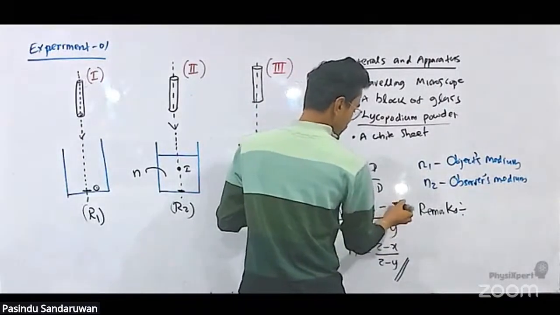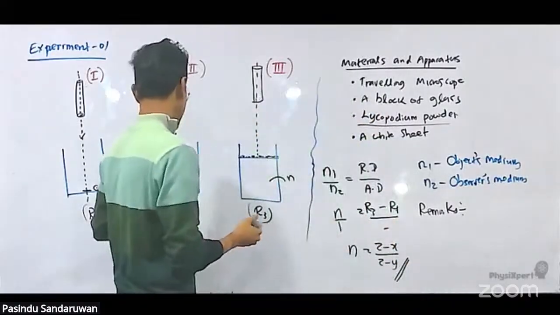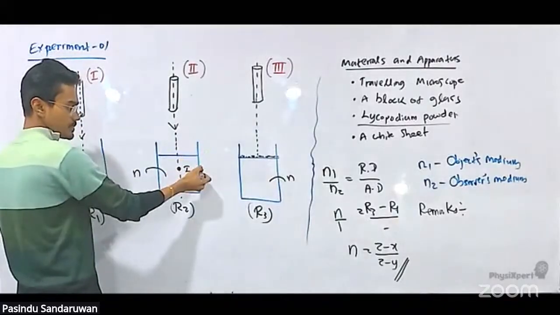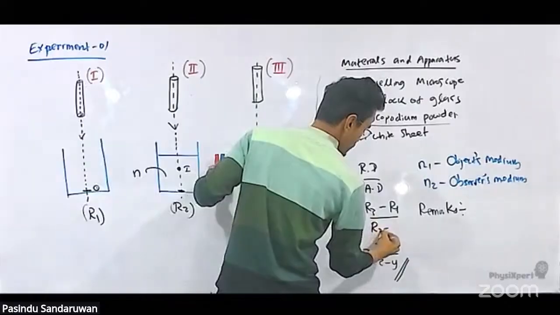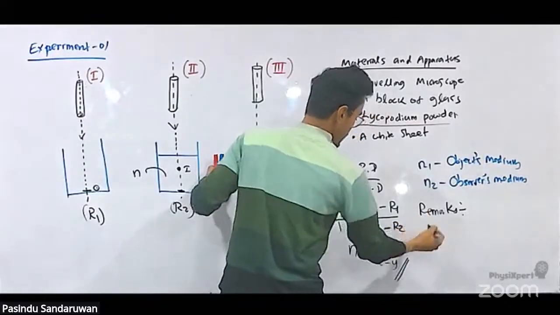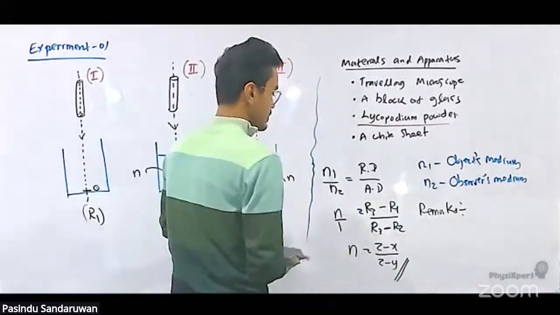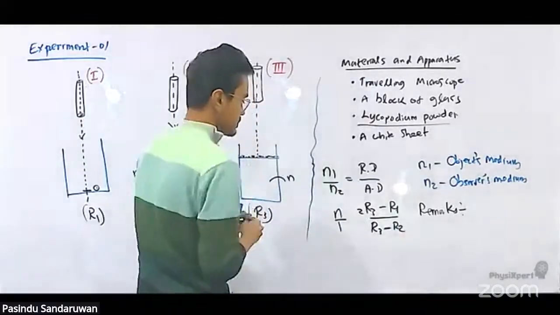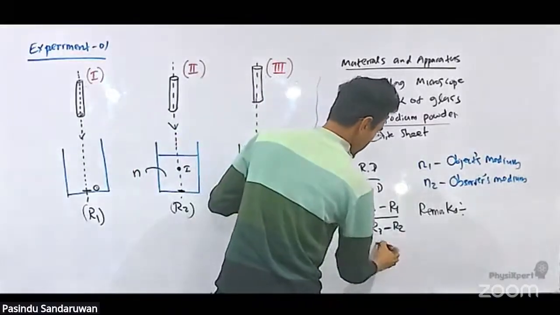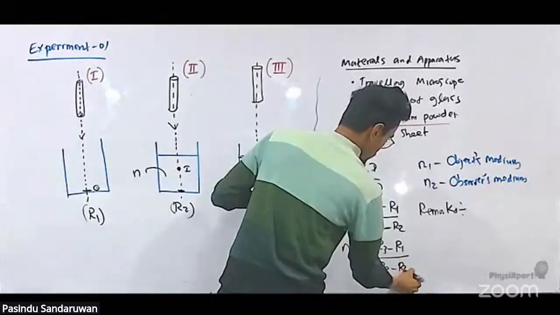The apparent depth is from the surface to here, so R3 minus R2. Don't memorize this equation; put the concept in your head. Then n, the refractive index of the liquid, is given by R3 minus R1 over R3 minus R2.